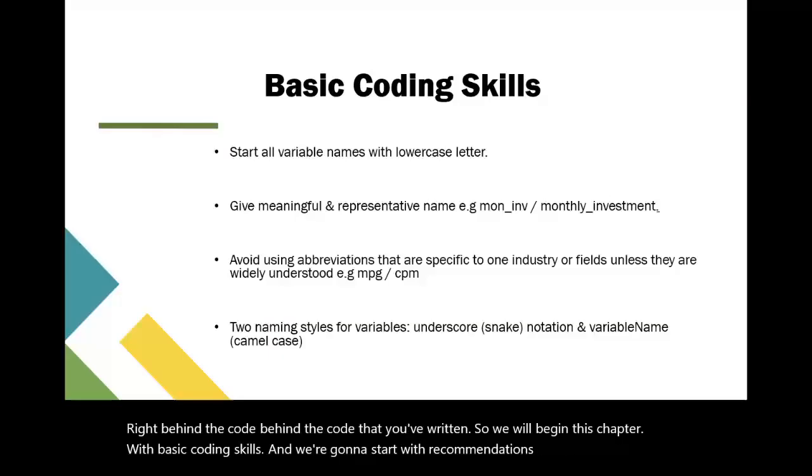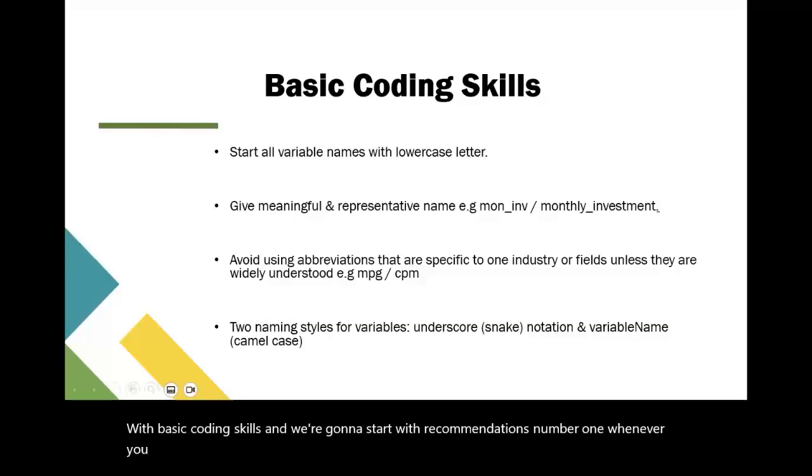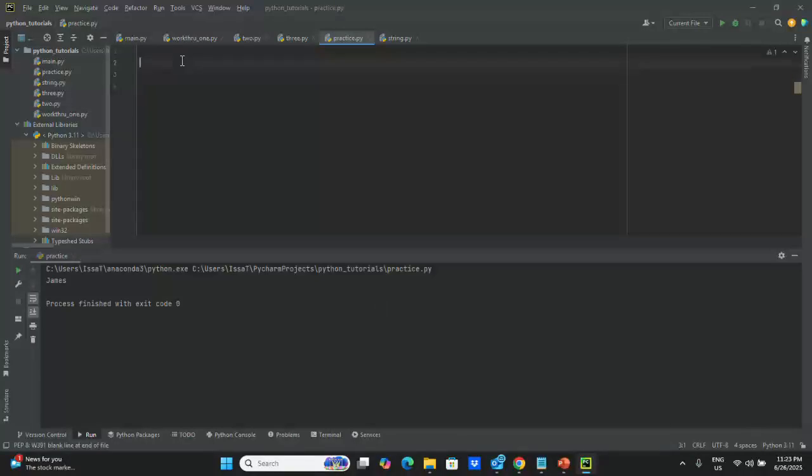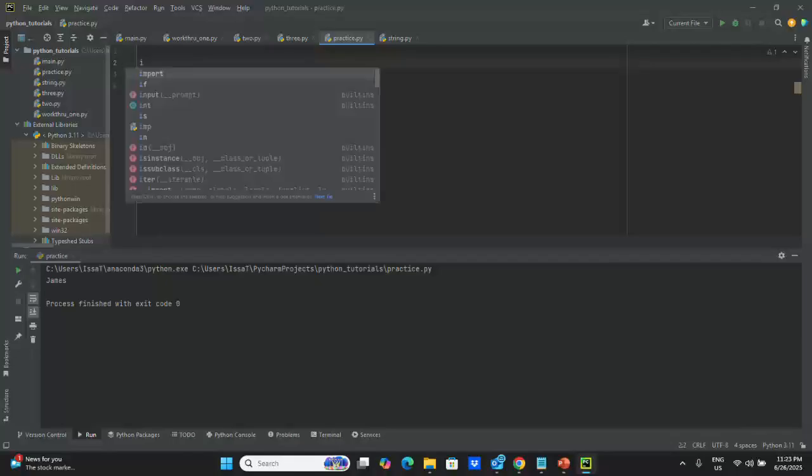Number one, whenever you are writing your variables, make sure that you start your variable names with a lowercase letter. And what do we mean by variable? Say, for instance, you want to assign a value to monthly investment.